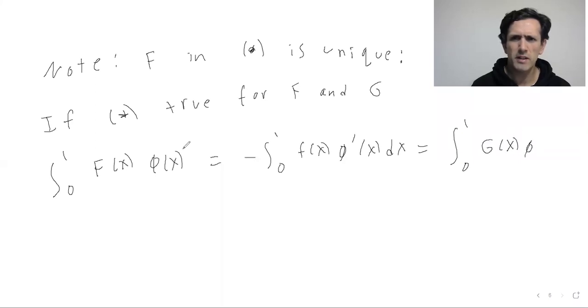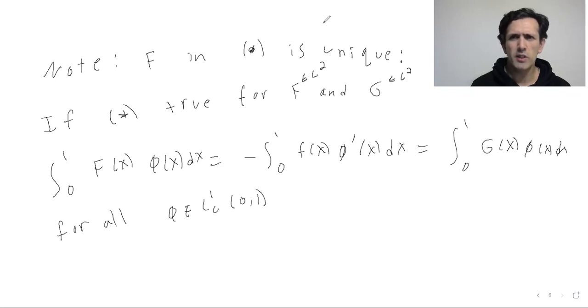And the point here is that this is true for any phi in C_c^1 of 0 to 1. Well, this is dense in L2. So maybe to make clear, we're saying this is in L2.